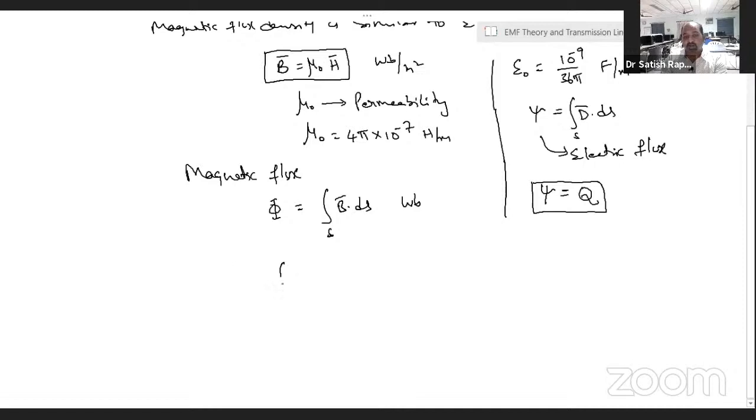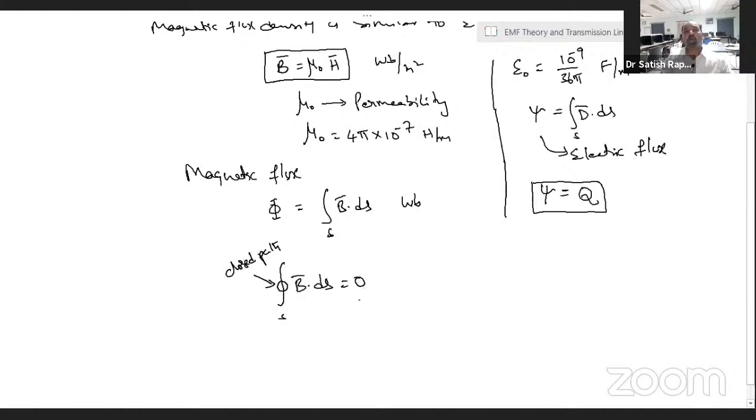So that means the surface integral over a closed path is equal to 0. Therefore, the closed integral of B bar dot ds is equal to 0.